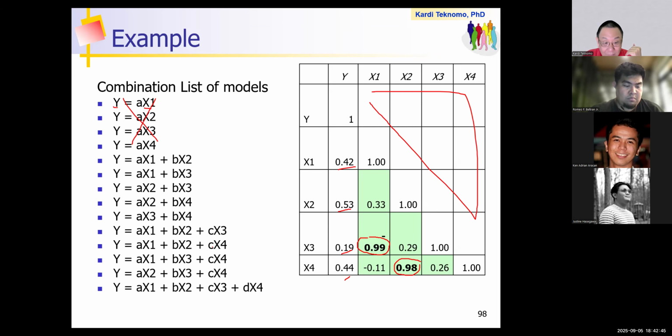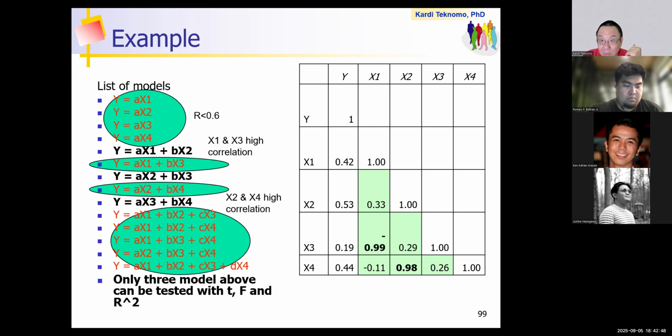So then what will we do? This is less than 0.6, so we don't use it. How about this one? This one also, X1 and X3, high correlation, isn't it? So we don't use this.